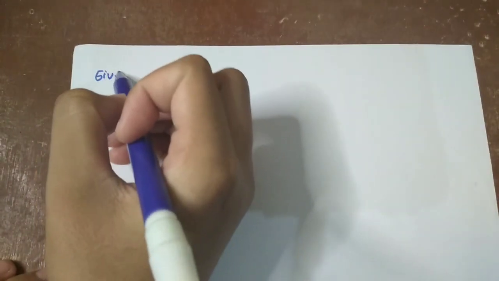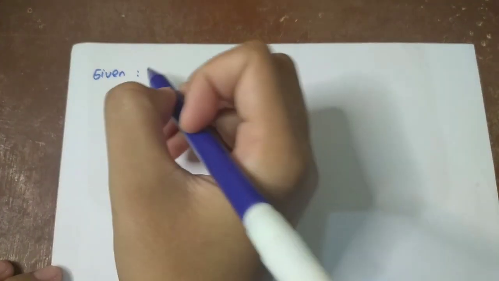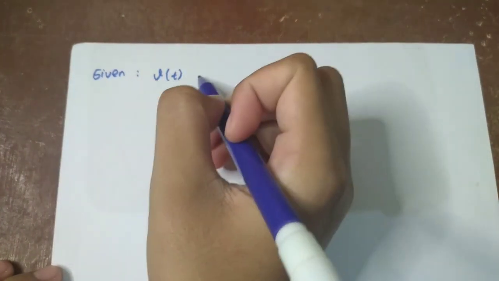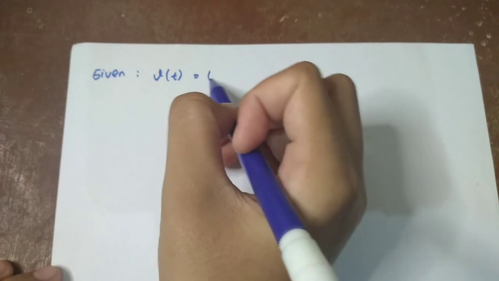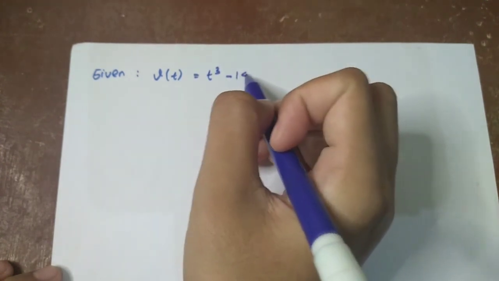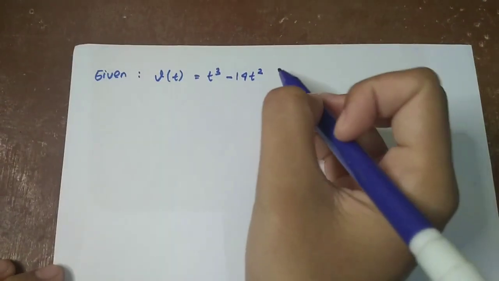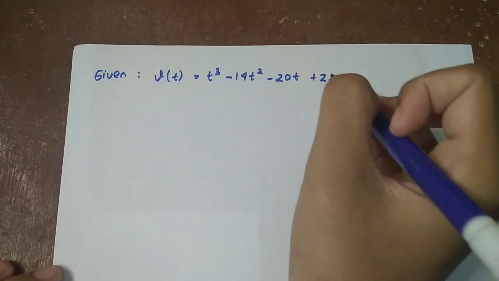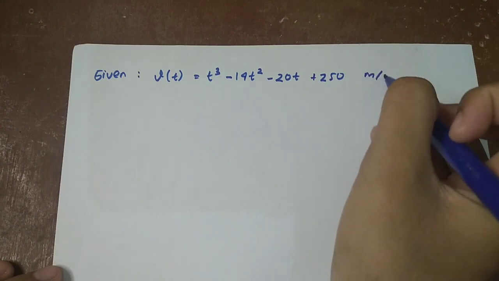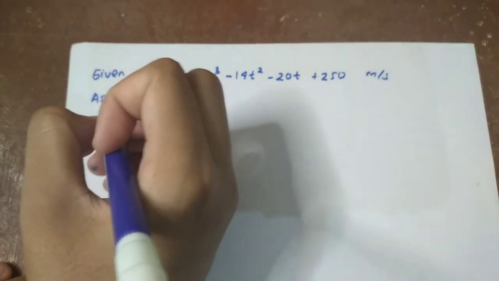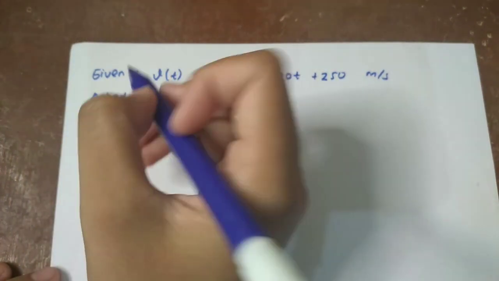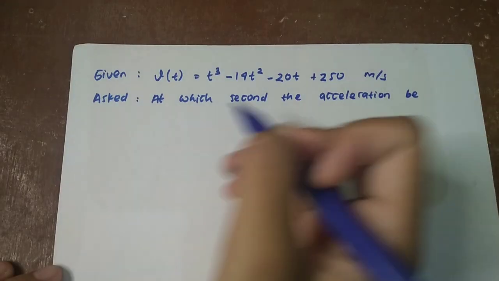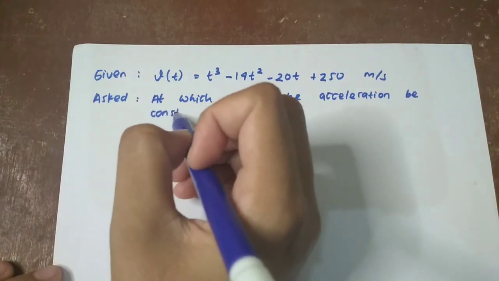Okay, for the problem solving, first, we must write the given of the problem. Given that V(t) equals t cubed minus 14t squared minus 20t plus 250 meters per second, and the asked is at which second the acceleration will be constant.